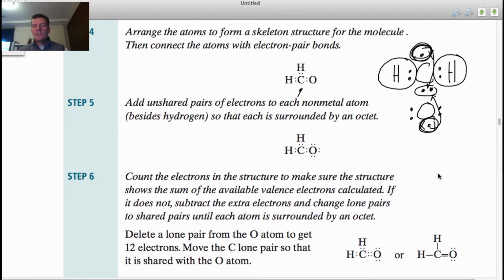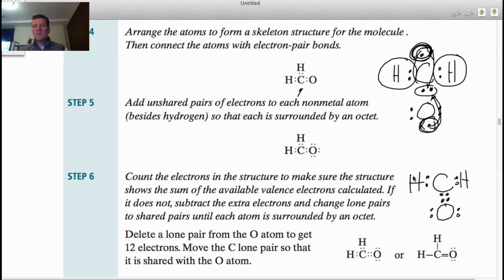Bring that into the shared area. And now what they do is they've got carbon, as I mentioned, hydrogen, hydrogen, oxygen. And now carbon says, I brought this other electron down here. And oxygen says, okay, then I'll bring my other electron in there. So in addition to the ones that they were sharing before, the pair, now they're sharing another pair. Okay? And carbon and oxygen are going to be much happier now.